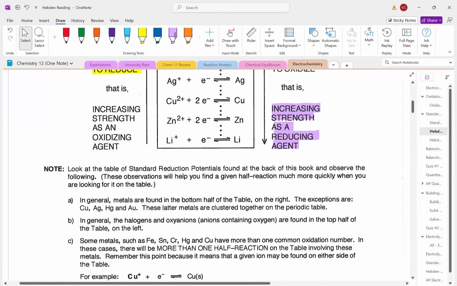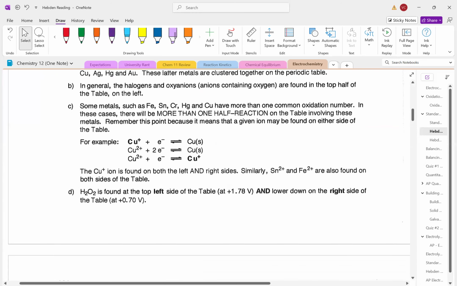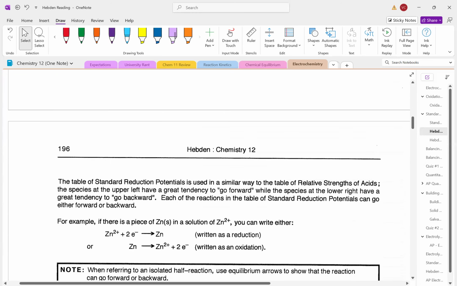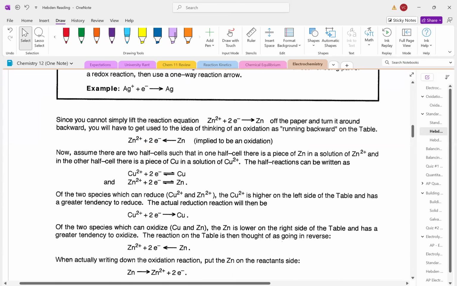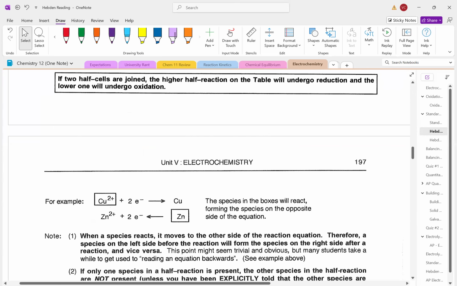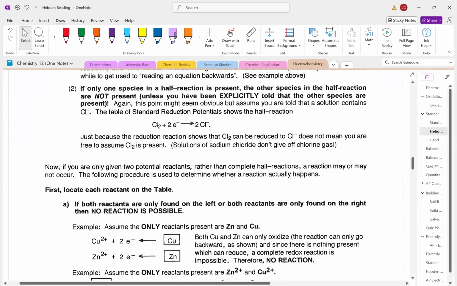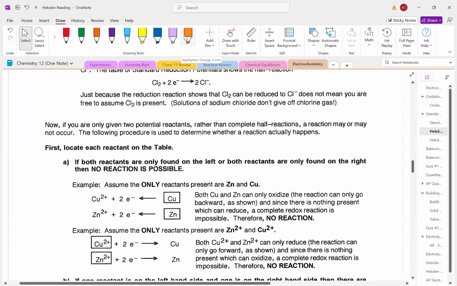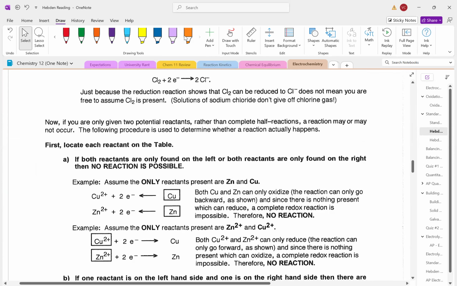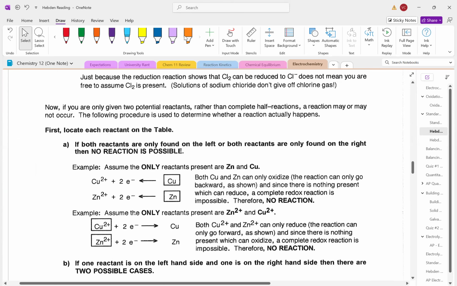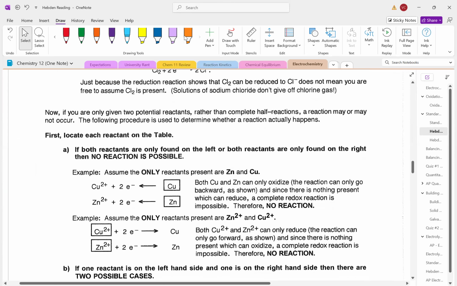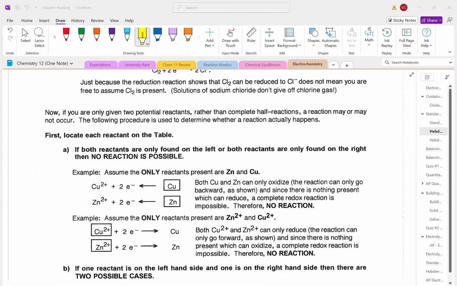Now, as you flip through page 195, then go to page 196, and scroll all the way down to page 197, they go through the exact same example. The one thing they do on the bottom of page 197 is talk about what happens if both reactants are found only on the right.